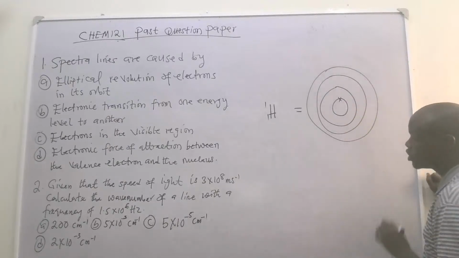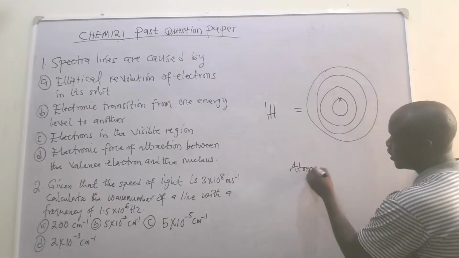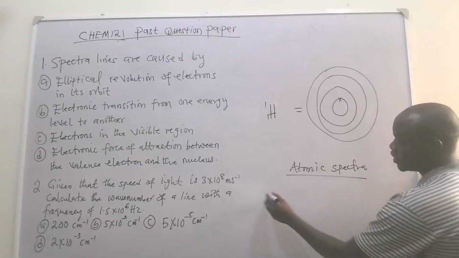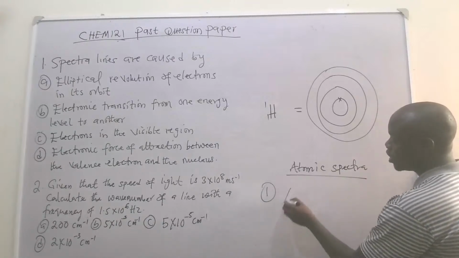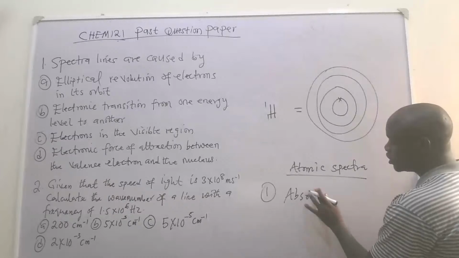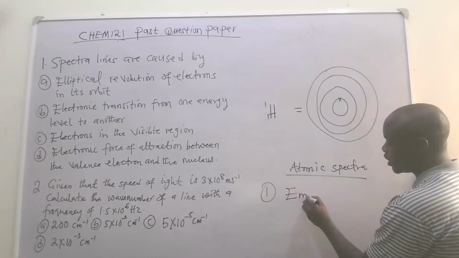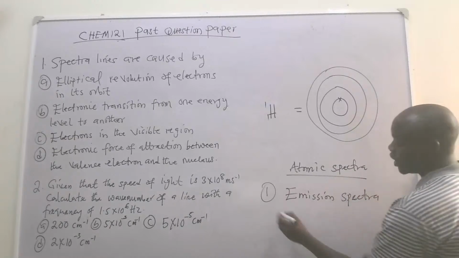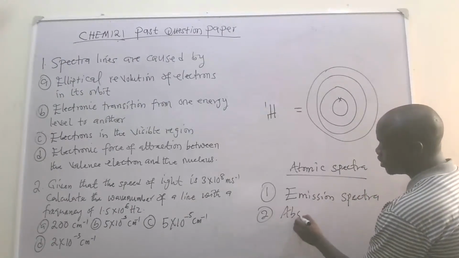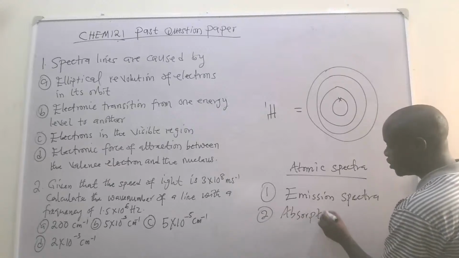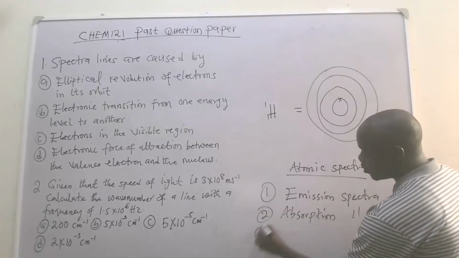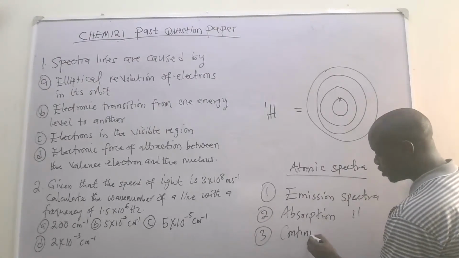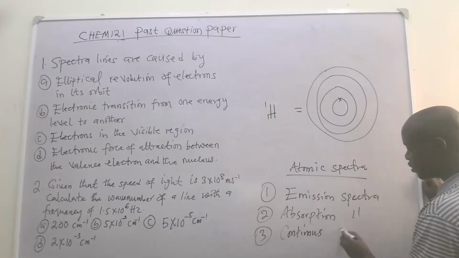That is why in atomic spectra we have different types of spectra. We have emission spectra, absorption spectra, and continuous spectra.